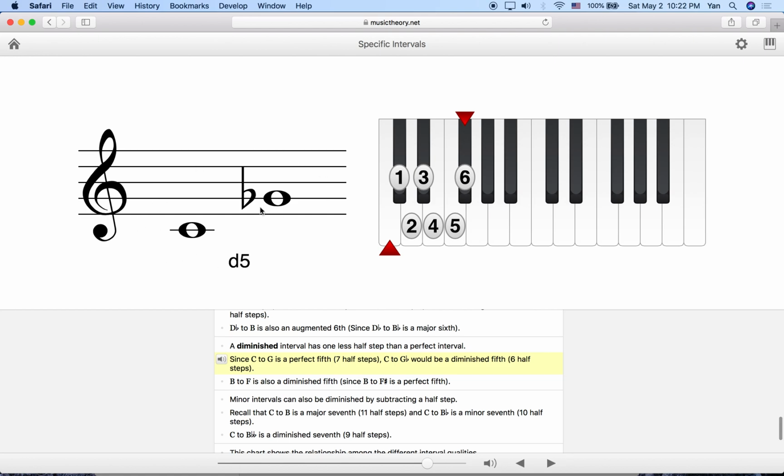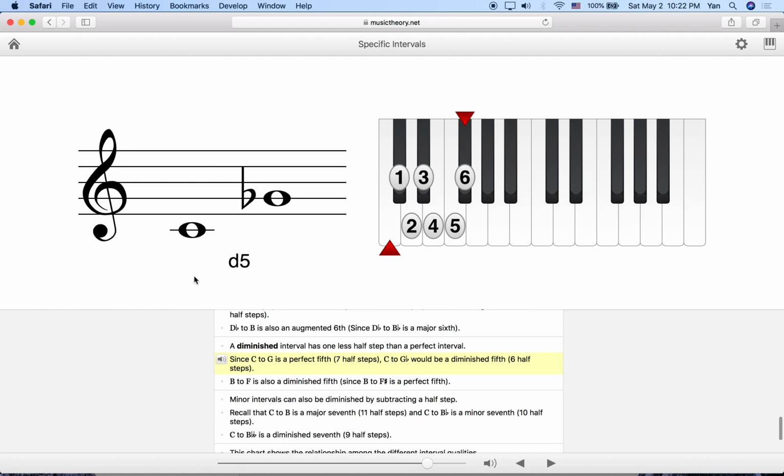It could never be called, as written here, an augmented fourth. An augmented fourth would have to be written as F sharp. F sharp and G flat are the same pitch, but the spelling is different. So we're taking into consideration where it's written on the staff. That's why this is a diminished fifth and not an augmented fourth.